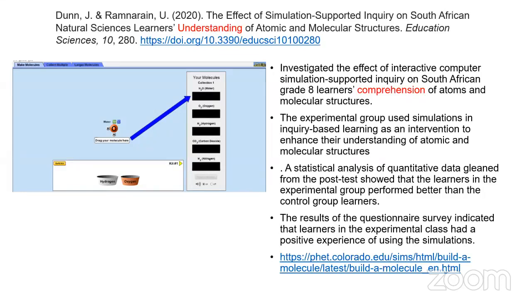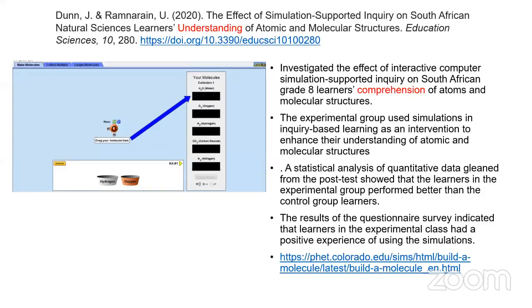Here the experimental group used simulations in inquiry-based learning as an intervention to enhance the understanding of atomic molecular structures. The control group used physical models, so actual physical models to build, to draw, investigate, and to manipulate the structures. And the key finding here was that the learners in the experimental group who used the PhET simulations performed better than the learners in the control group.